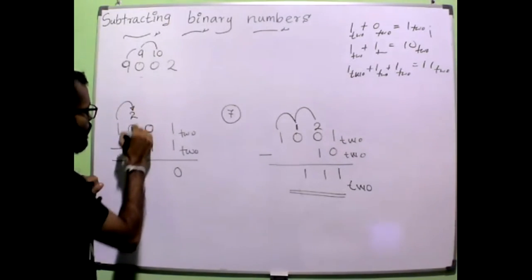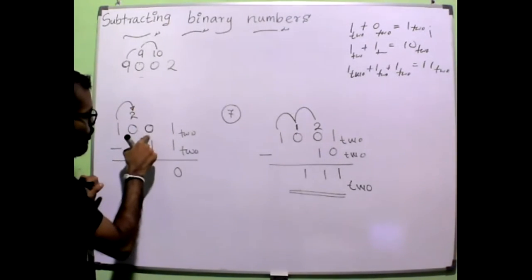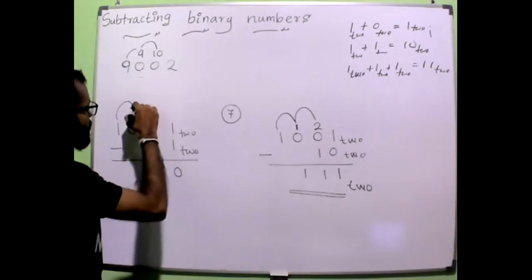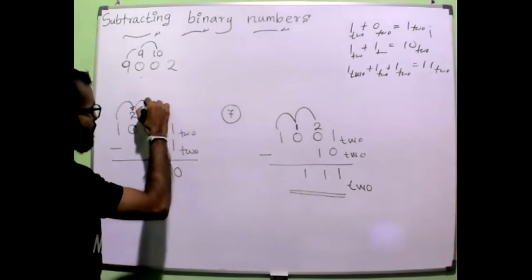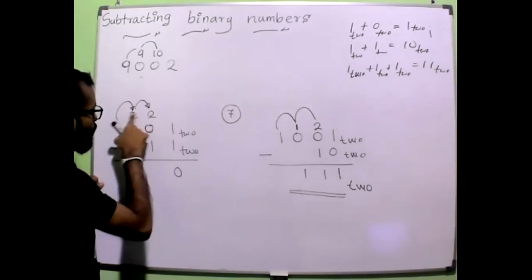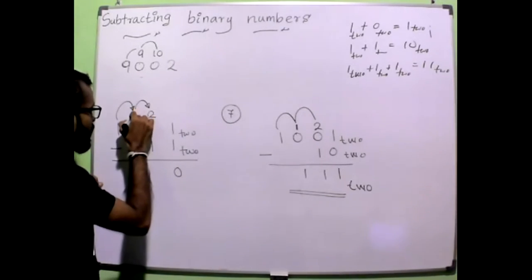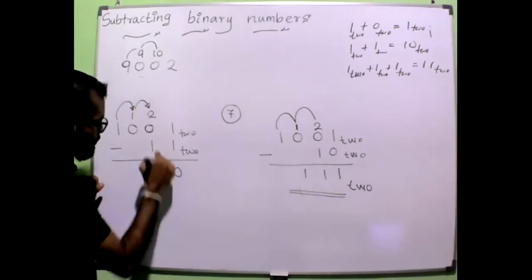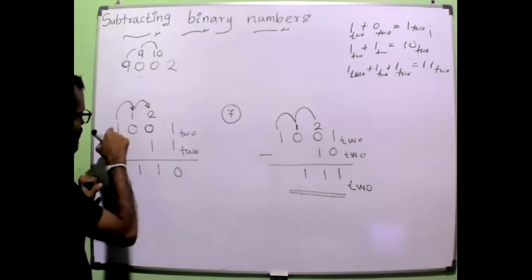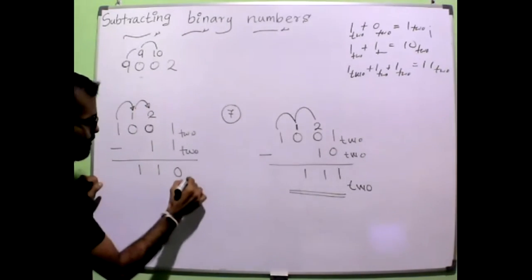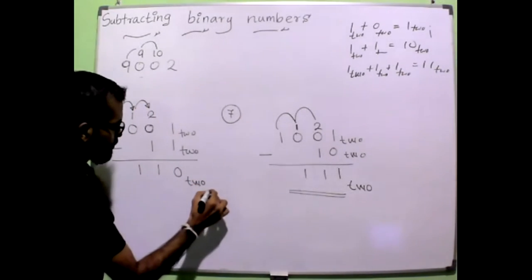Now it is 2, but I have to move to this 0 now. Then I have to pick this 2 to this side. Then it becomes again 2, and it leaves 1 here. 2 minus 1, 1. Here you have 1. You can put it here. Here nothing's left. So this should be the answer.